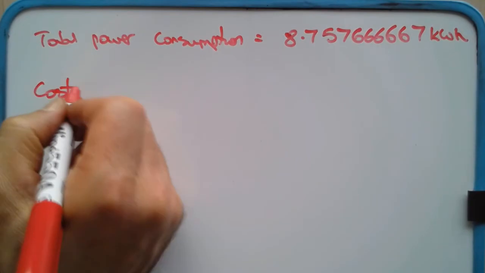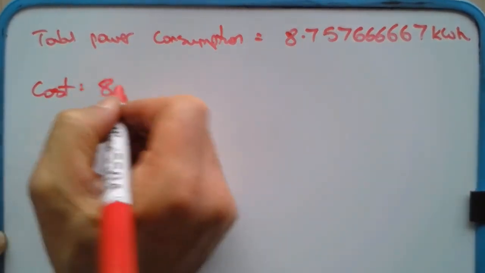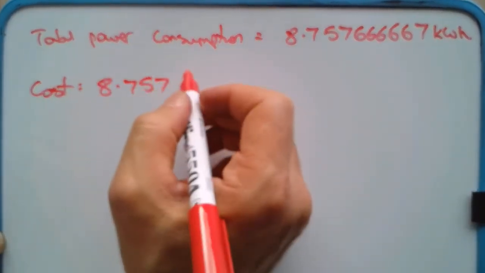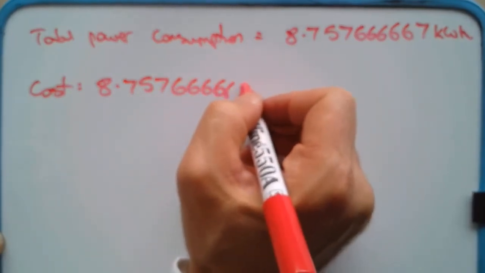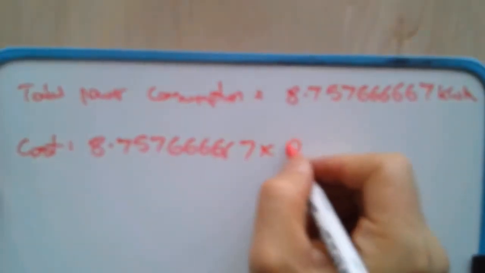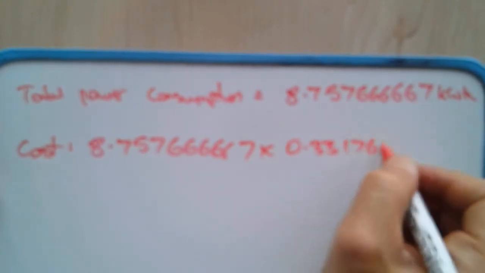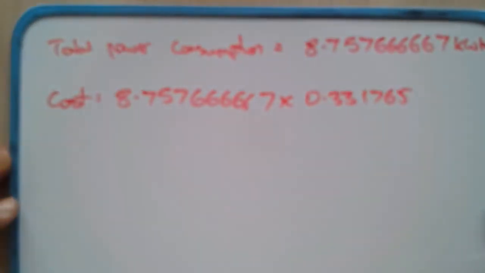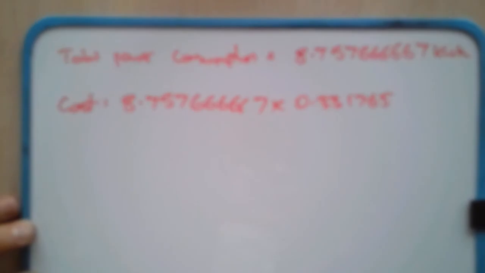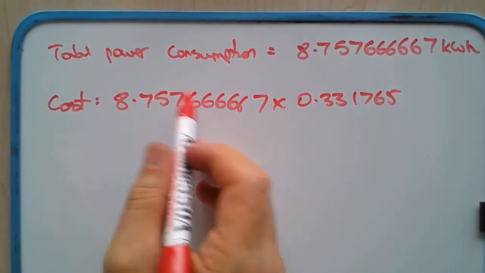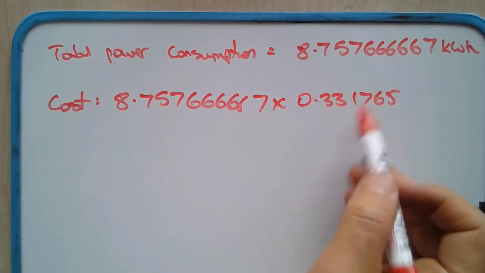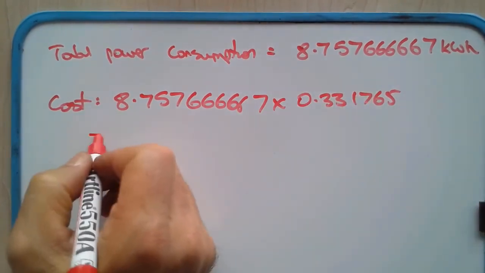Okay, so now the cost per kilowatt hour. We need to take that value there, 8.757666, a few of those, multiplied by the electricity cost, which is 0.331765. So that's the kilowatt hours used by both of those appliances times the cost per kilowatt hour.